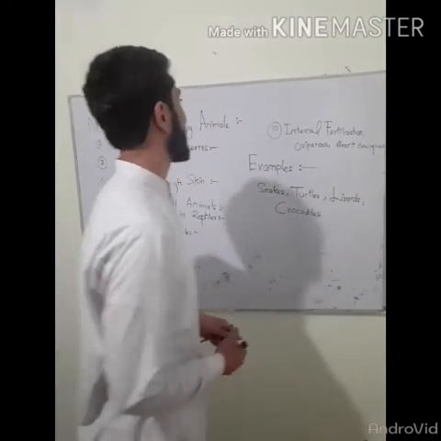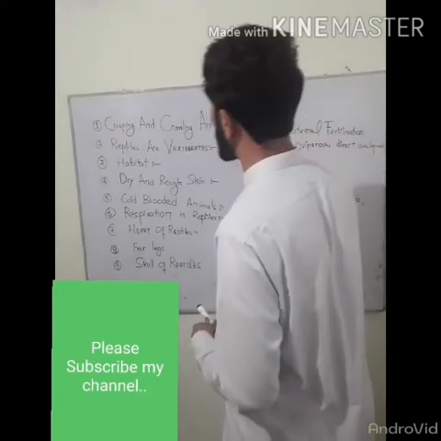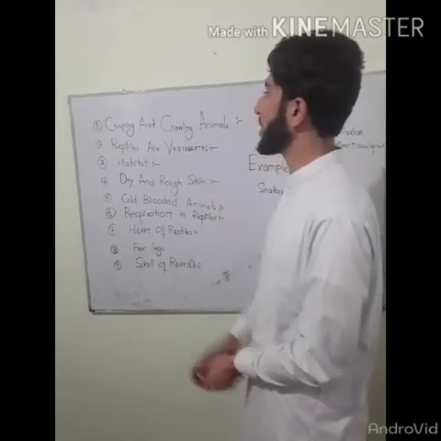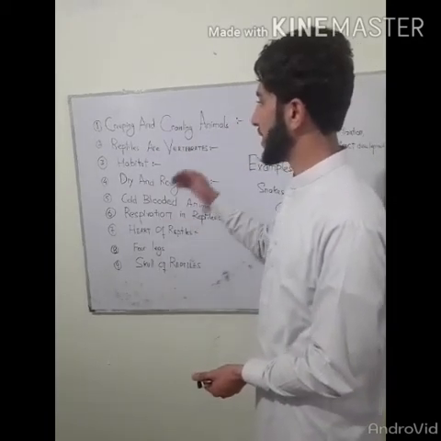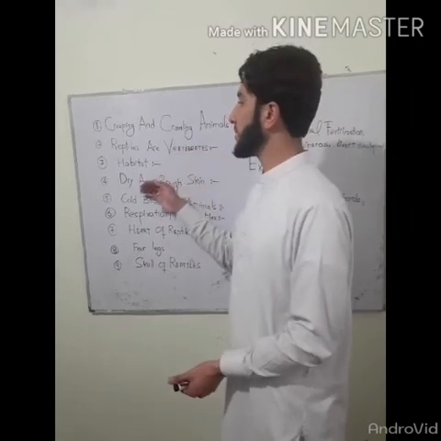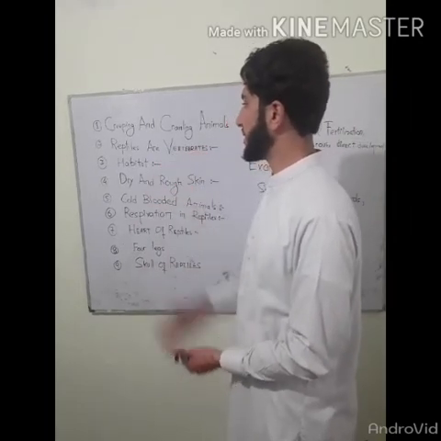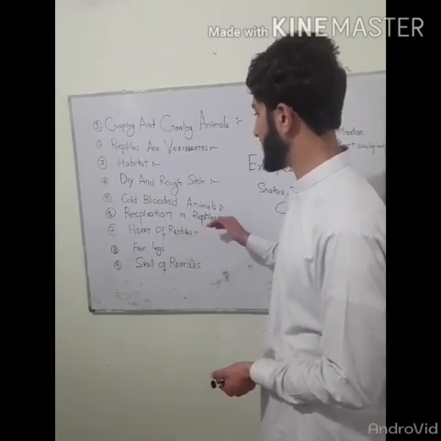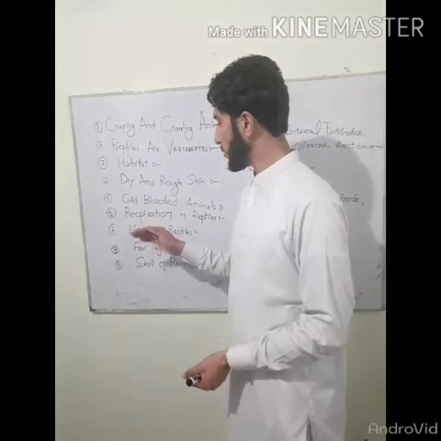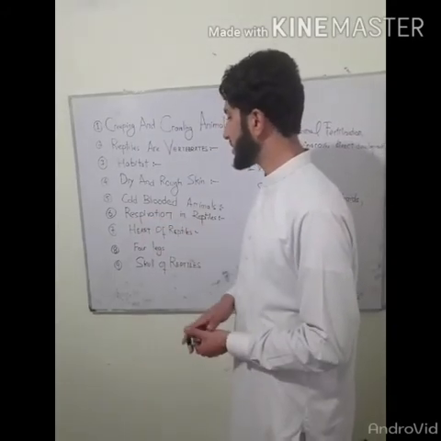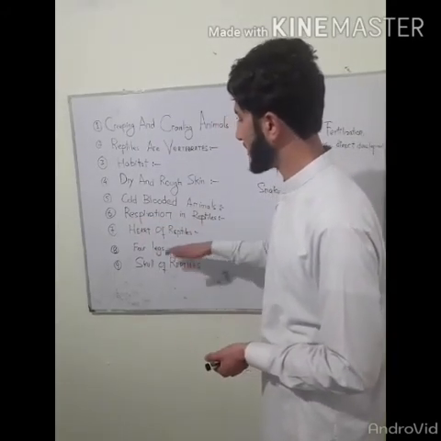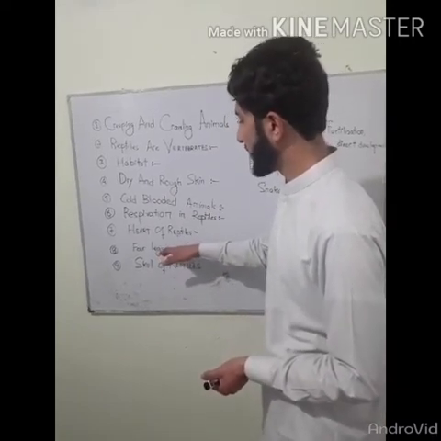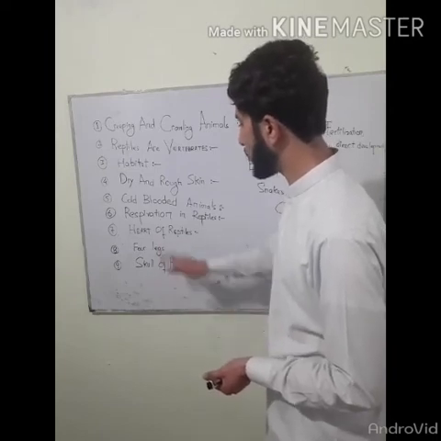So these are the general characteristics of the class Reptilia. They are creeping and crawling animals, they are vertebrates, mostly terrestrial, present on every continent except Antarctica, with dry and rough skin, and cold-blooded. Respiration in reptiles takes place through lungs. The heart of a reptile is three-chambered, but crocodiles have a four-chambered heart. They have four legs, which they use for predating the prey, but snakes are an exception, with no legs.